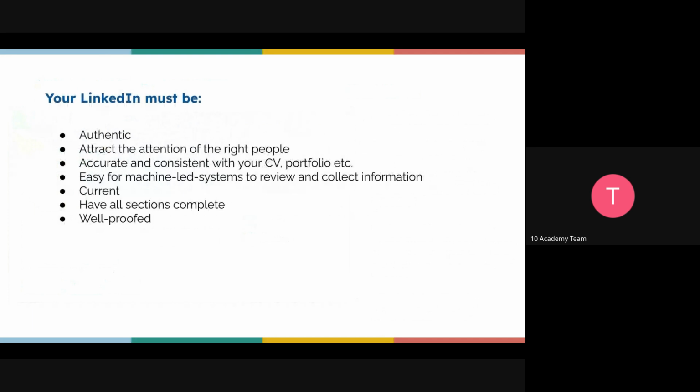Your LinkedIn must be authentic, attract the attention of the right people, and be accurate and consistent with your CV, portfolio, GitHub, etc. It should also be easy for machine learning systems to review and collect information. Your LinkedIn must be current, well updated, have all search terms incorporated, and be well framed.